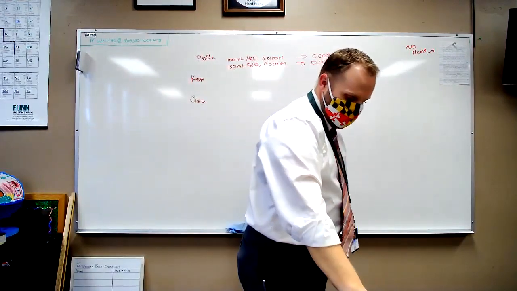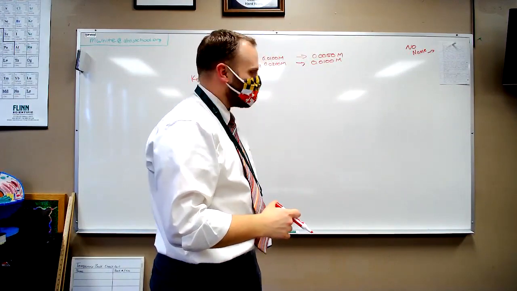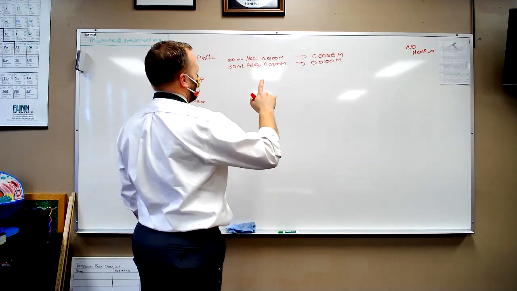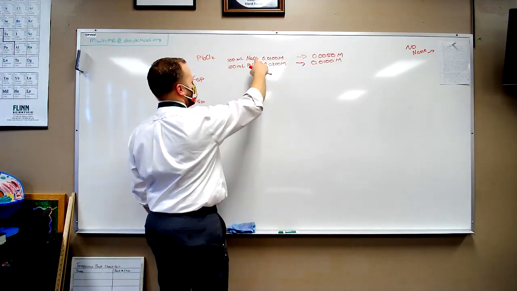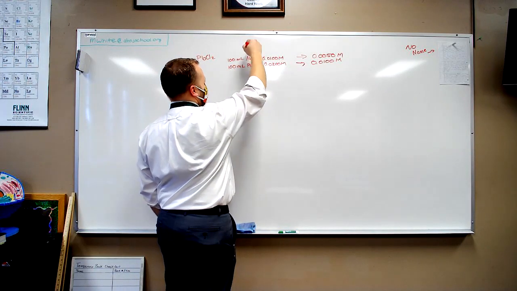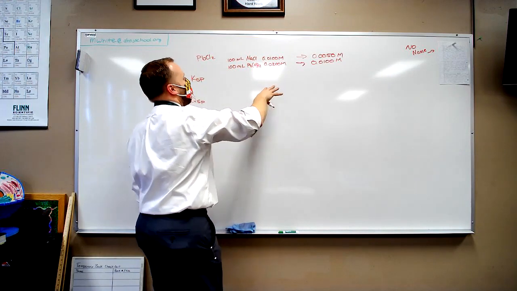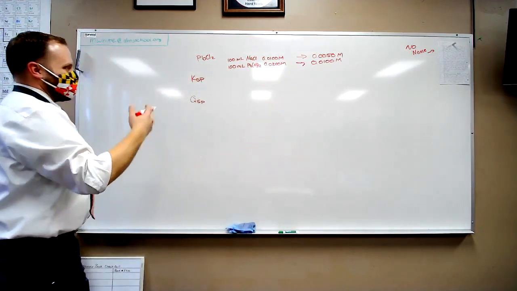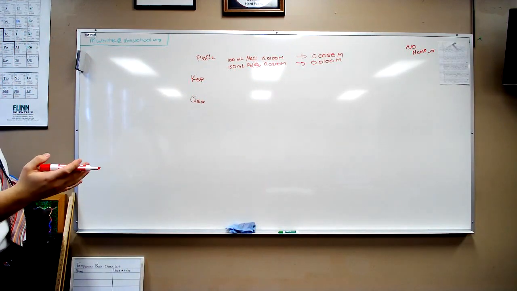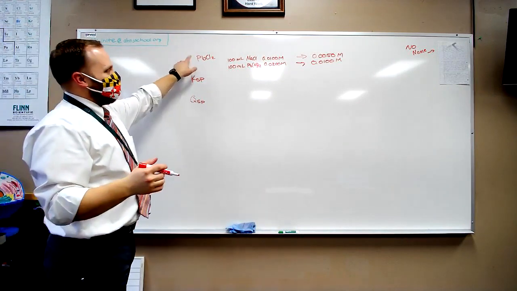Now, we need to set up an equilibrium expression. This is an aqueous solution, so these ions have broken apart, and these ions have broken apart. We can set up KSPs for both of those, but we don't care, because those are already dissolved. We care about this.